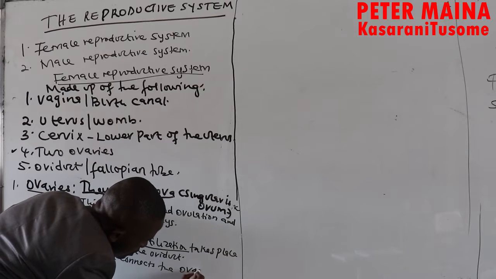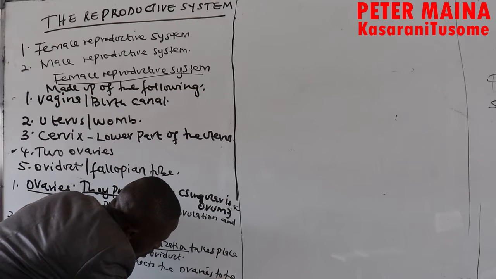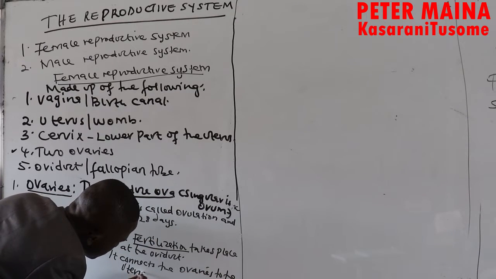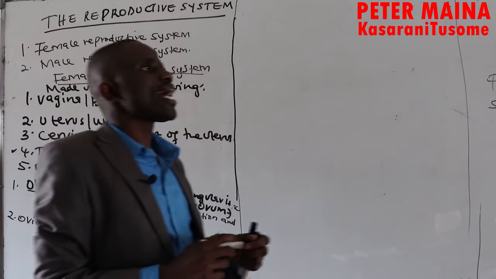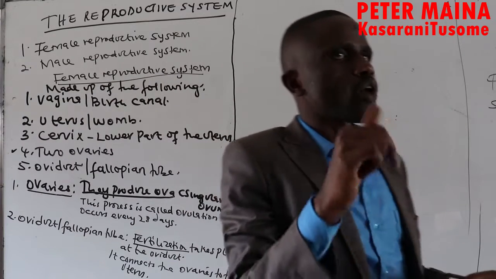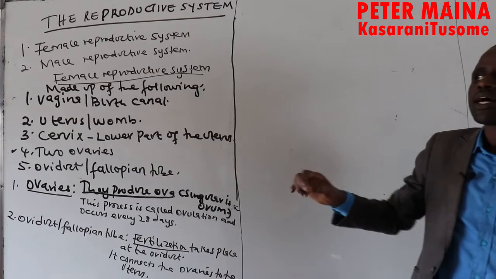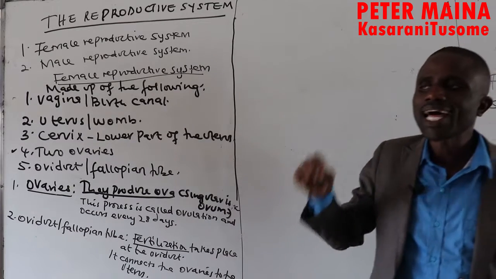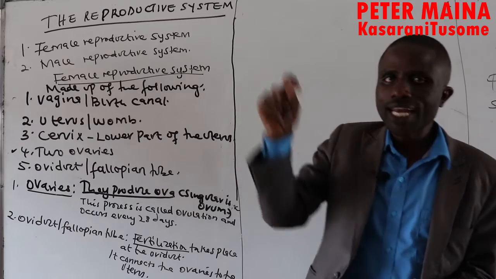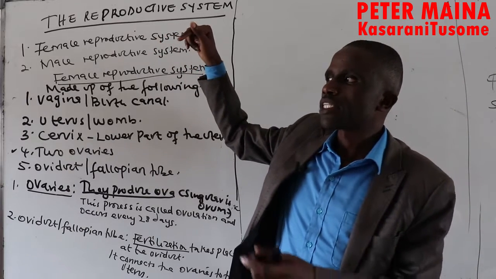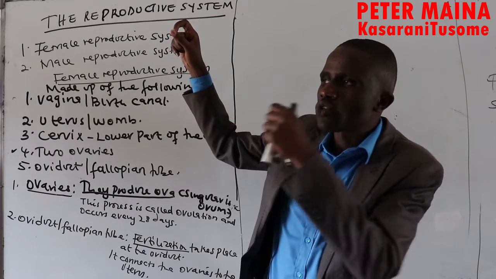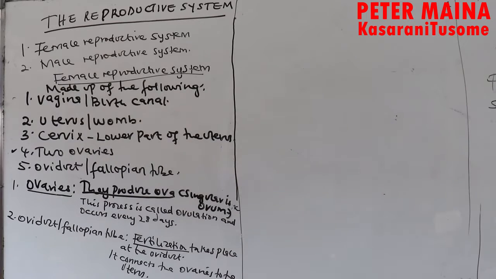So fertilization will occur in the fallopian tube, also called the oviduct, and the fallopian tube is the one that connects the ovaries to the uterus. So that's the function of the oviduct.